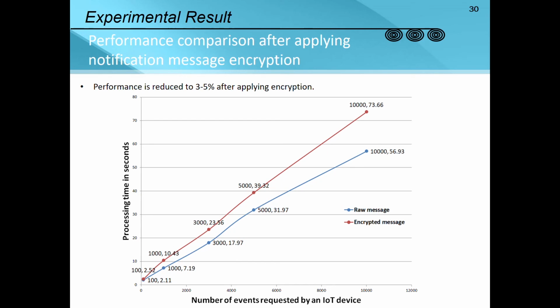Notification message is encrypted for secured multi-user support, but it makes the existing CloudPush framework with raw message 3 to 5% slower, but it performs 9 to 12% better than the IoT framework for a single client. If events are distributed among multiple clients, then performance improves about 9 to 23% over the IoT framework.